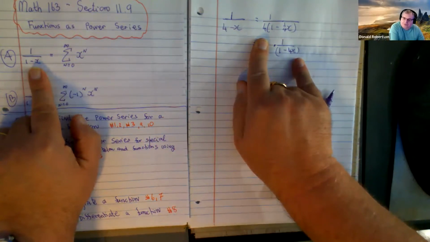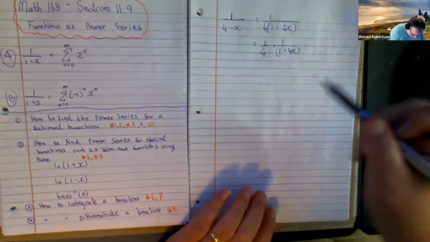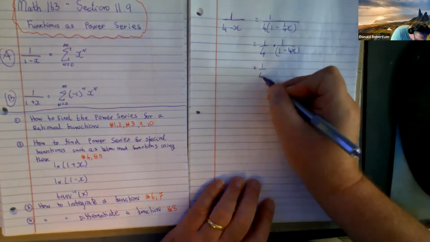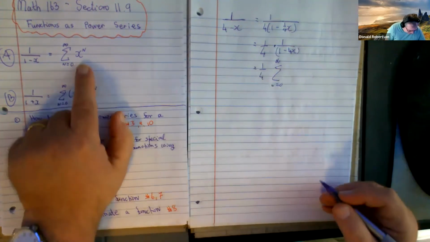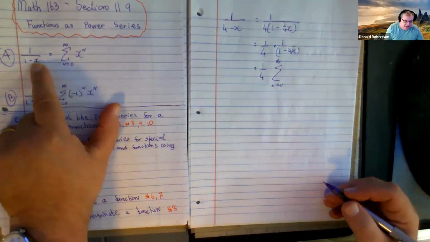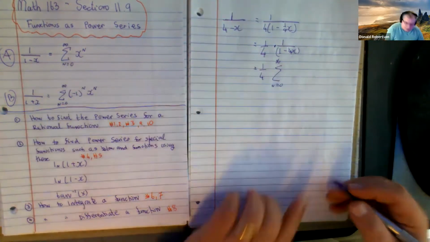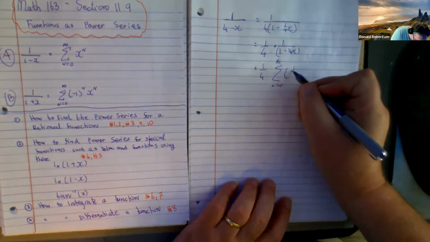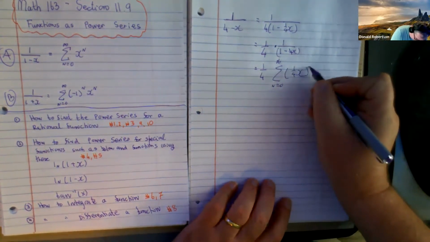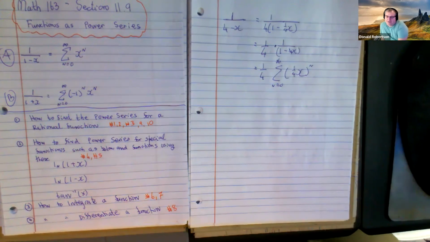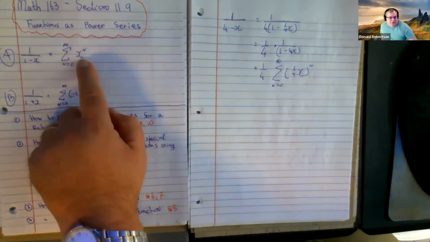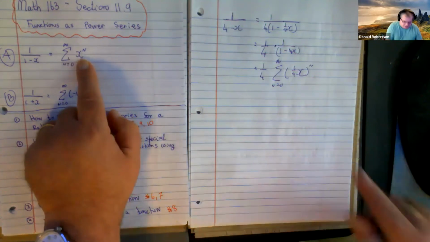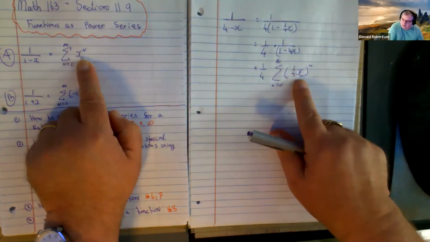Right, and because there's a quarter in front of the x, when we write down its power series, sigma n equals 0 to infinity, instead of putting an x, don't we now put a quarter x? You see that? Replace the x with a quarter x.